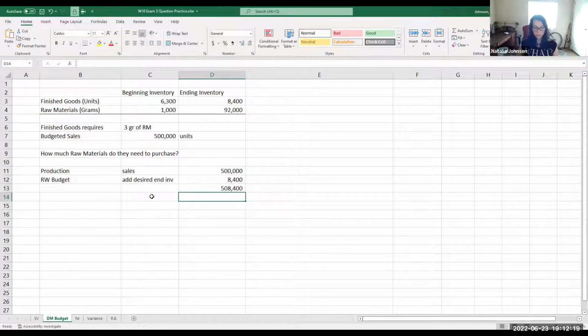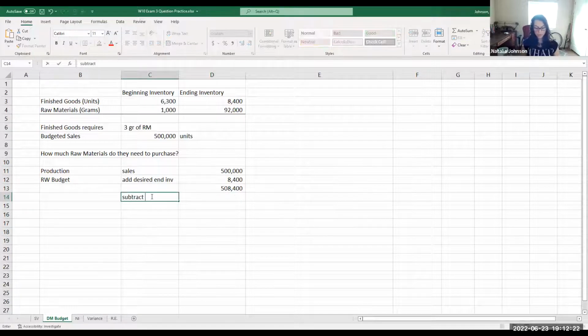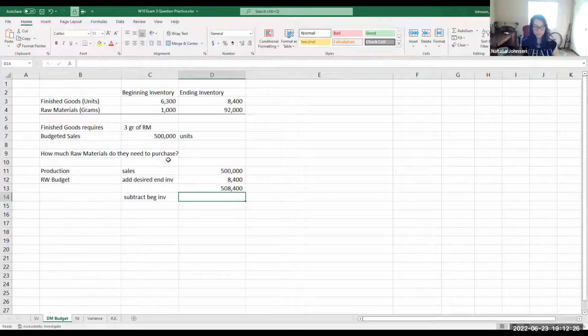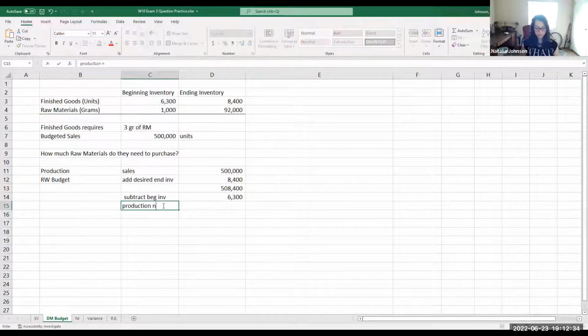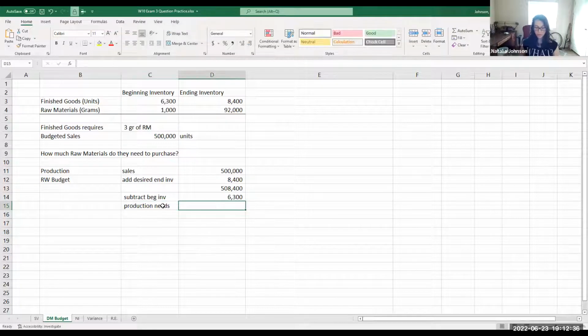And then we will subtract the beginning inventory, which is the 6,300. So production needs is this one minus this one. Okay, so this is just the production budget.